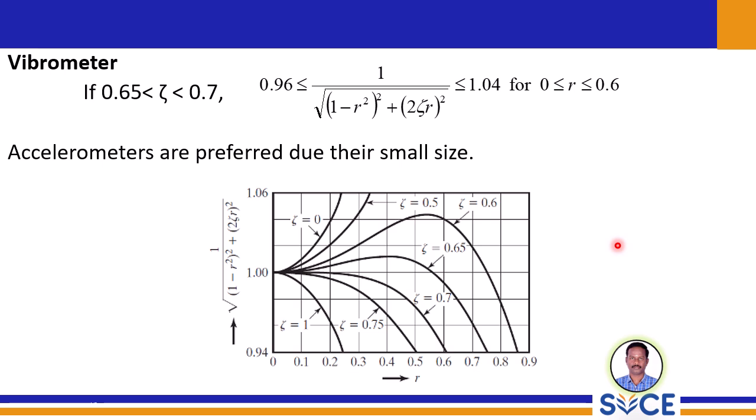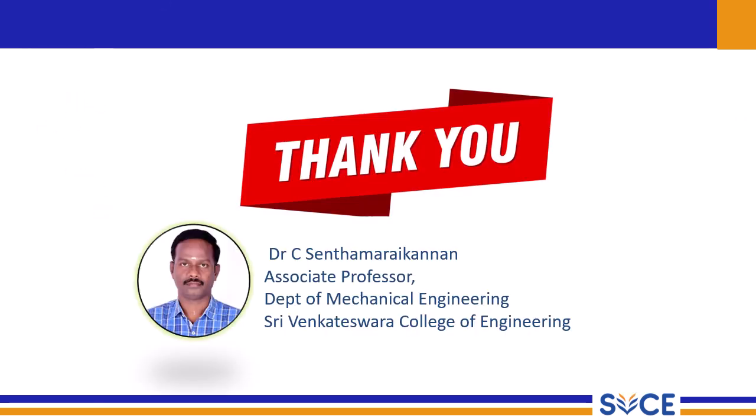The vibrometer mass is very high since it is going to measure the high frequency range, so that we get very low natural frequency values. So we have to carefully choose between a vibrometer or an accelerometer.